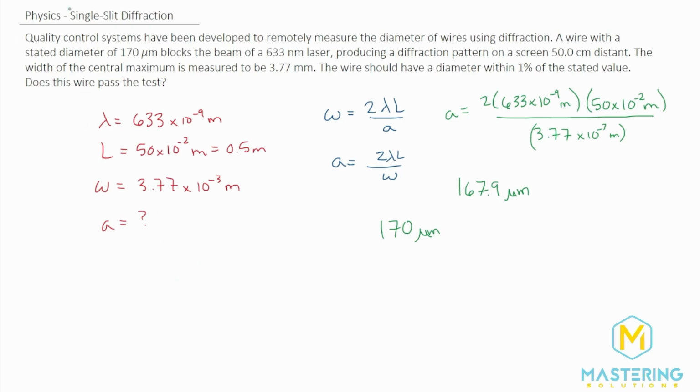So to do that, we will take the 167.9 microns, minus what it should be, so the difference between those two, and we divide it by what it should be, 170 microns. So the difference divided by the actual gives us a percentage of what the difference is.